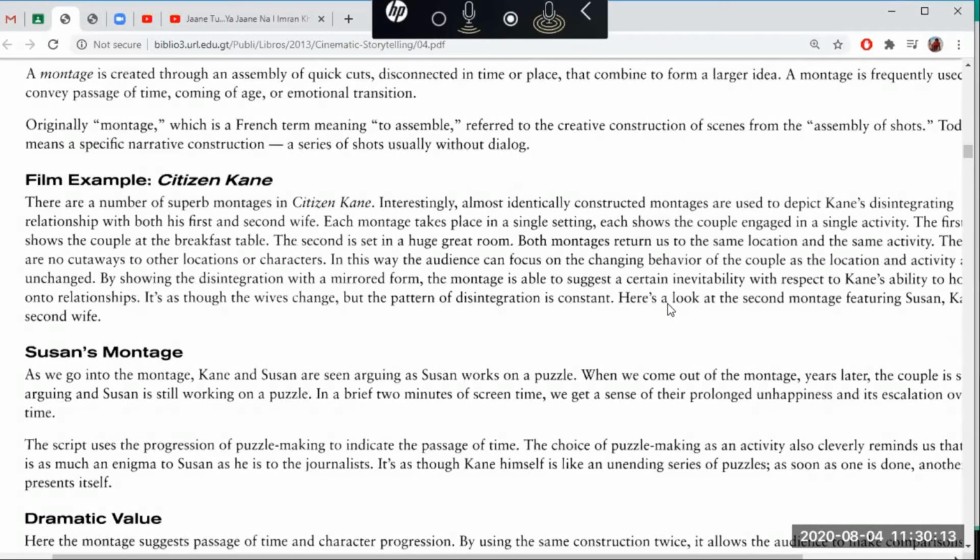If the thunder was laid under the man lying on the floor, then they would call it a J cut, which means that the sound of the second is laid under the image of the first. And if you are laying the sound of the first under the second, then they call it an L cut. You don't need to remember these J and L cuts.